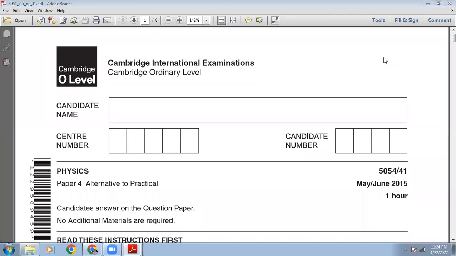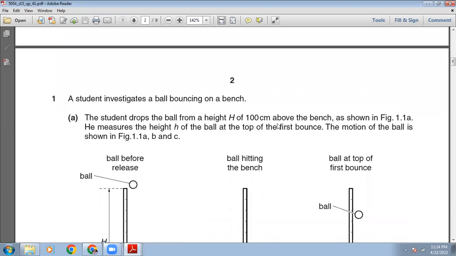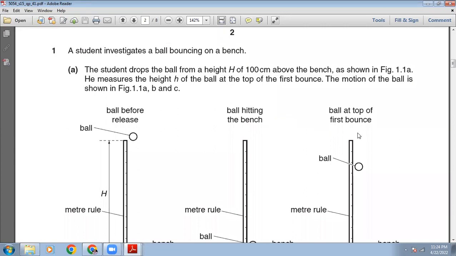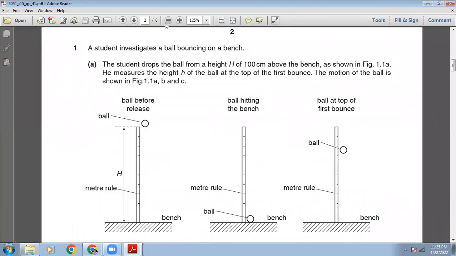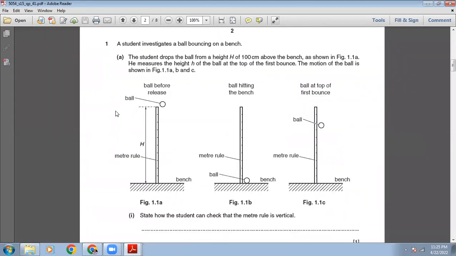So the May/June 2015 4-1 paper is showing up on your screen. So let's start today's paper. A student investigates a ball bouncing on a bench. So they are dropping a ball and it will bounce from the bench, and they are observing that.